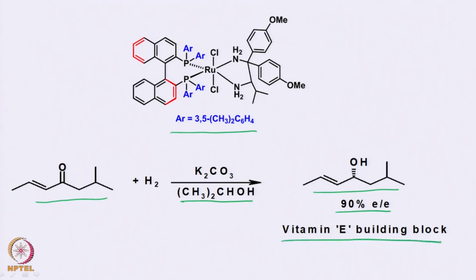So, this was one of the methods of reduction of ketones. So, we will try to look in today's class at what other methods there are for the reduction of ketones to enantiomerically pure alcohols.